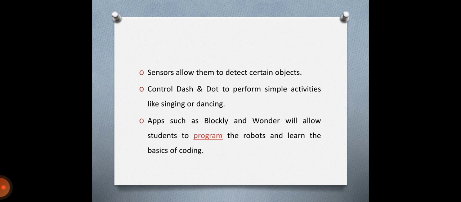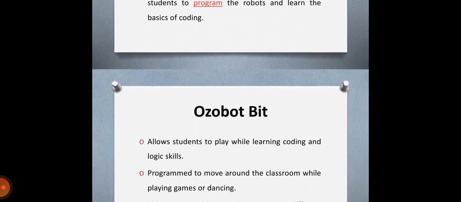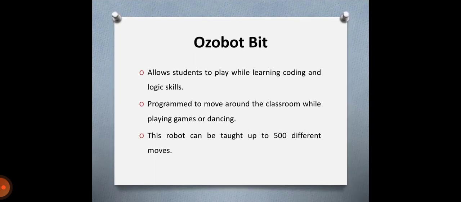Blockly and Wonder allow students to program the robots and also learn the basics of coding. Also Bot Bit. It helps students play while they are learning coding and logic skills. It can be programmed to move around the classroom while playing games or dancing. This robot can be programmed for up to 500 moves.